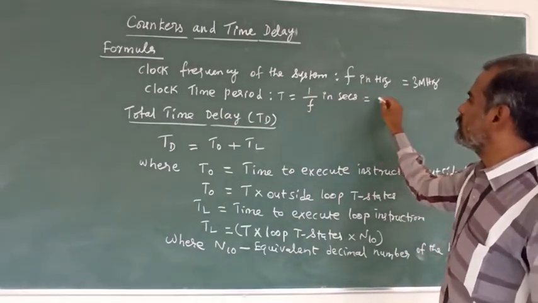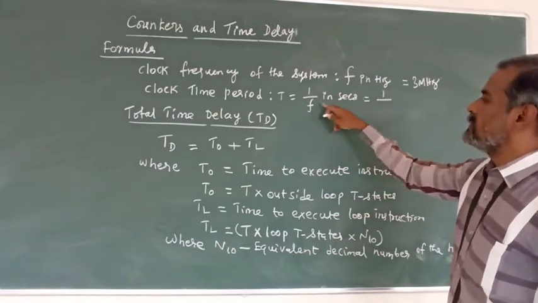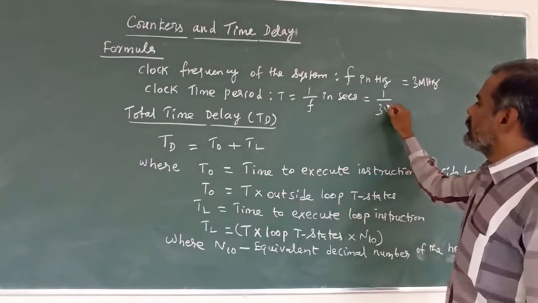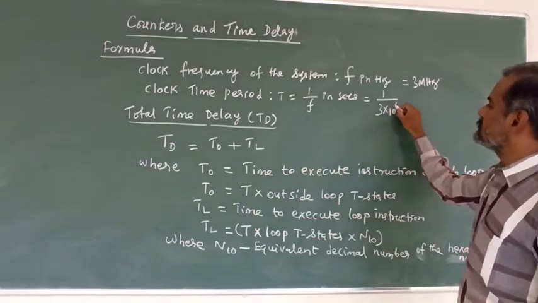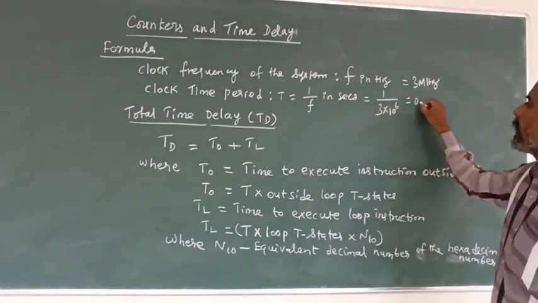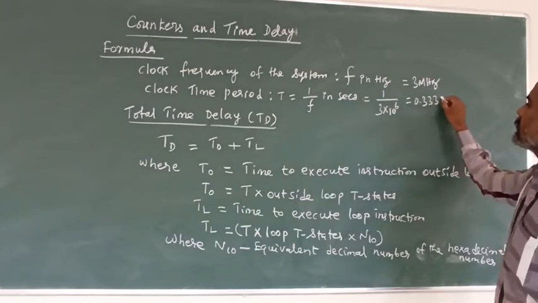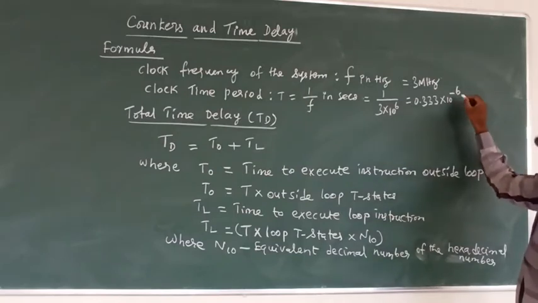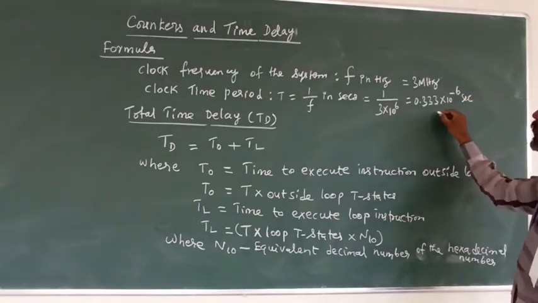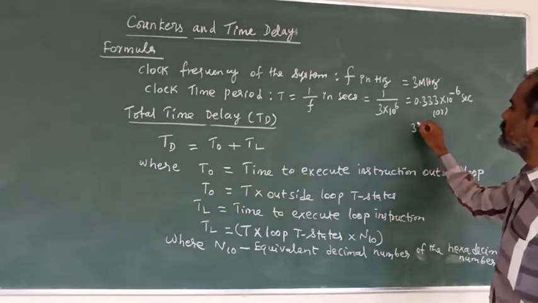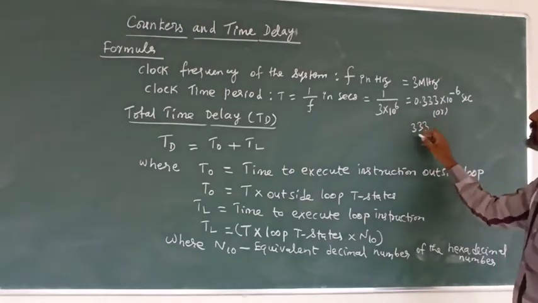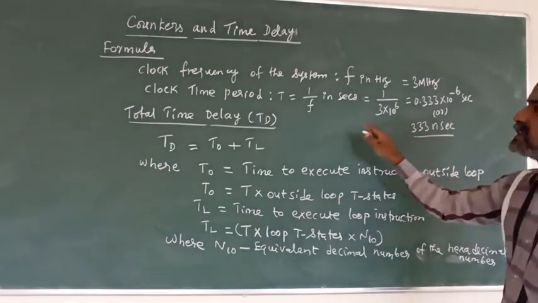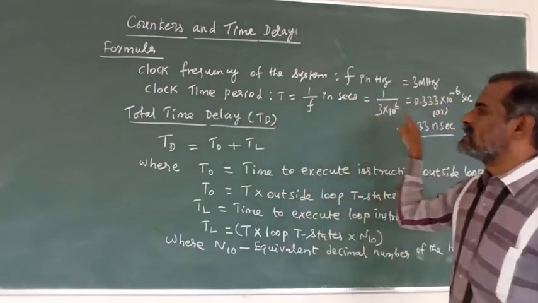Now 1 divided by the given clock frequency, 3 megahertz, which is 3 times 10 to the power of 6. Dividing gives 0.333 times 10 to the power of minus 6, which is 0.33 microseconds or 333 nanoseconds. This is the clock time period.